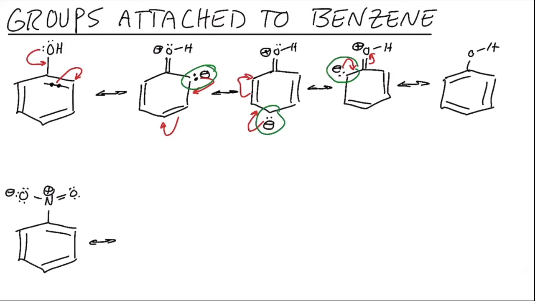So if we think about what our motifs are, again, we can do our cowardly resonance form inside the benzene ring, but that's no fun. We want to do something a little more interesting than that. What if we take our pi bonding electrons like we did in some of the examples in the previous lecture? If we take those and then want to do something with this group, we have a set of electrons there, we have a single bond here, and then we have a double bond there.